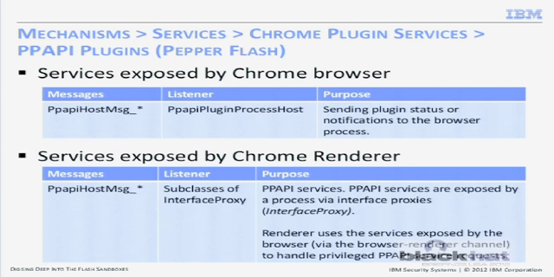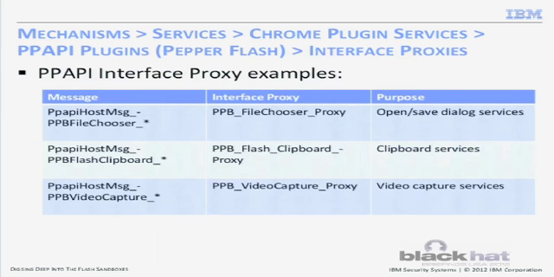Since there's a lot of PPAPI functionality, each functionality is divided into interface proxies. These are examples of interface proxies. There's an interface proxy for dialog services, there are interface proxies for clipboard services, and there is a proxy interface for video capture services.